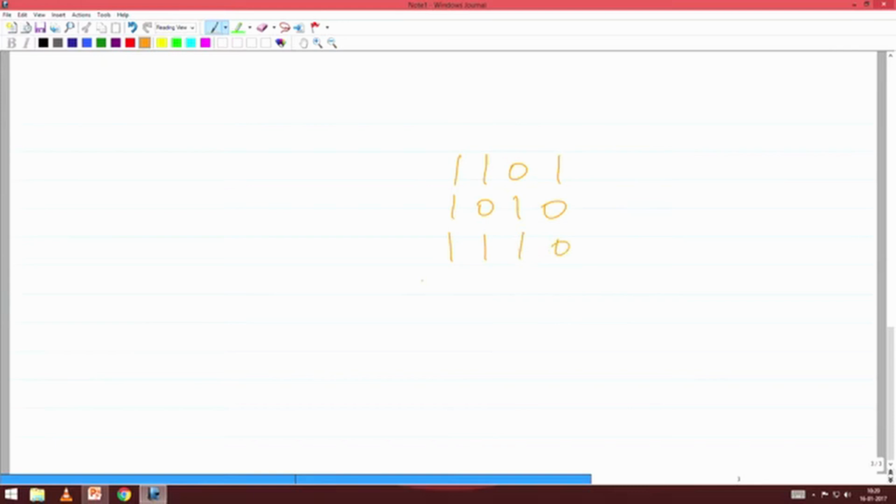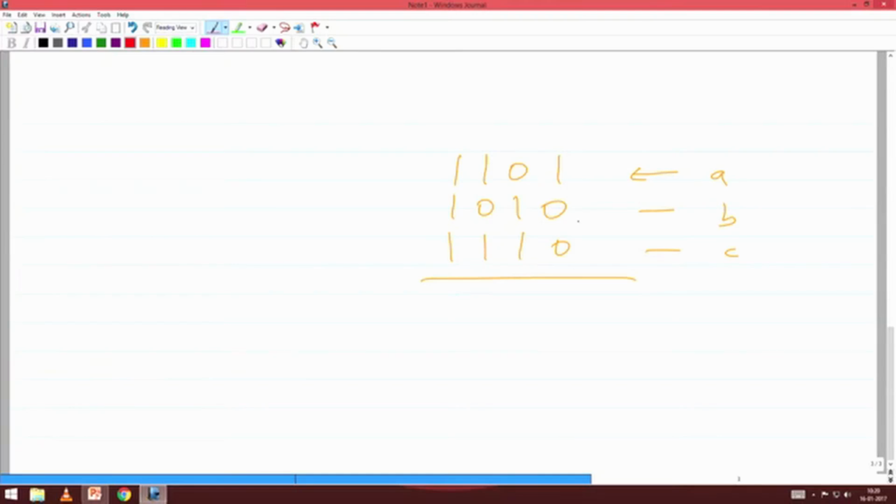These are three numbers A, B and C. The way I can add them is to take each of these columns in parallel. The quickest way of adding is to take each of these columns in parallel.